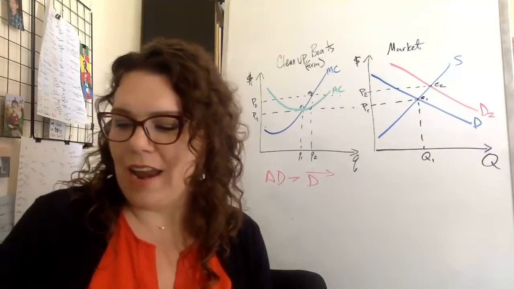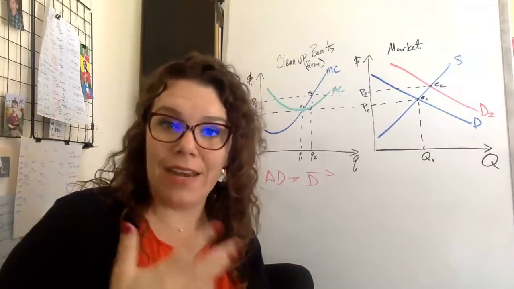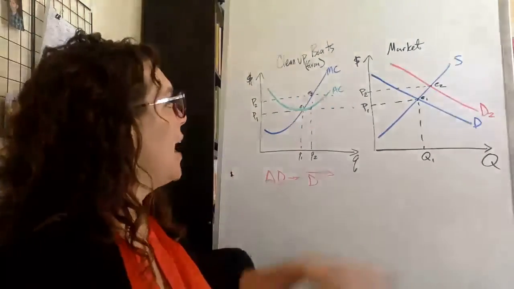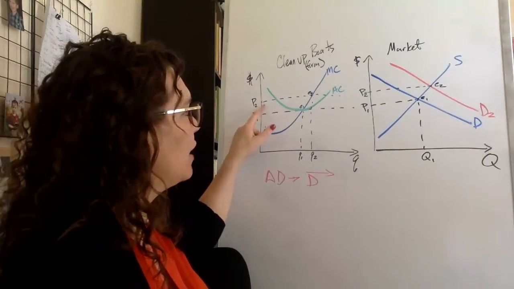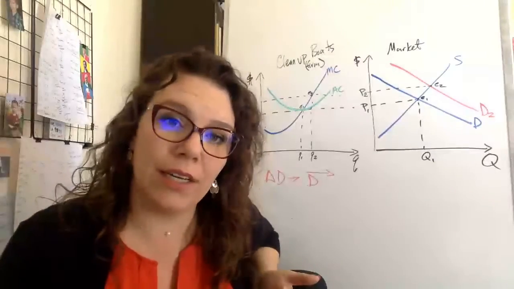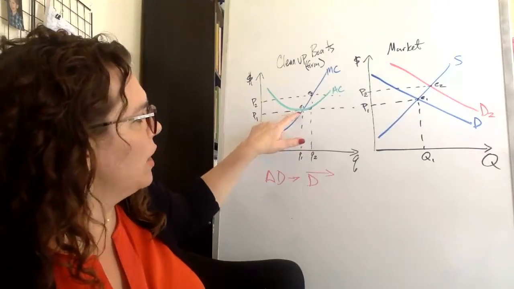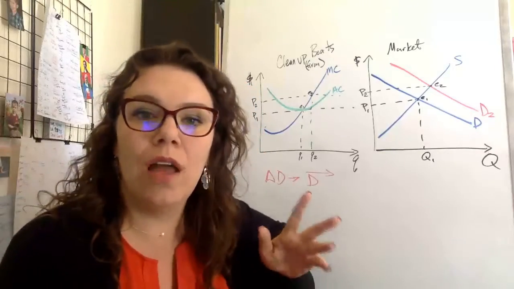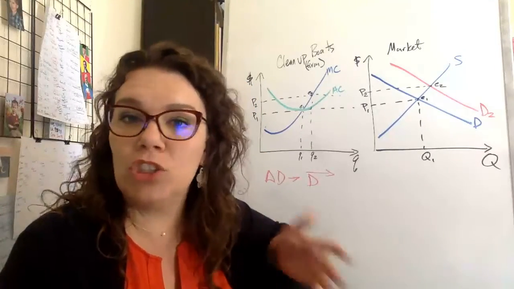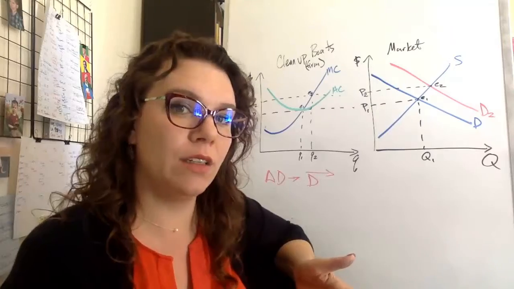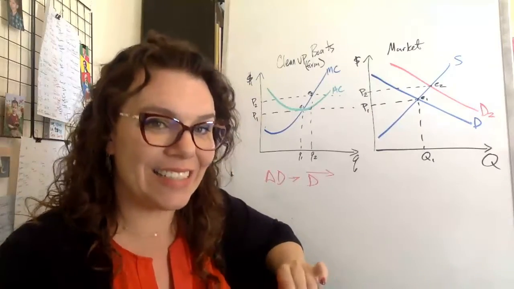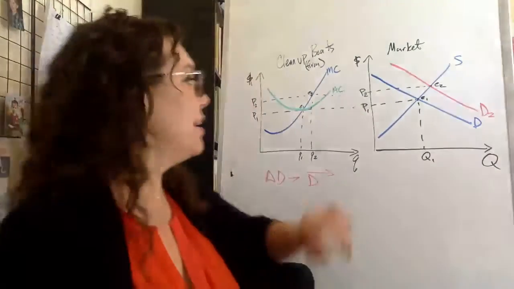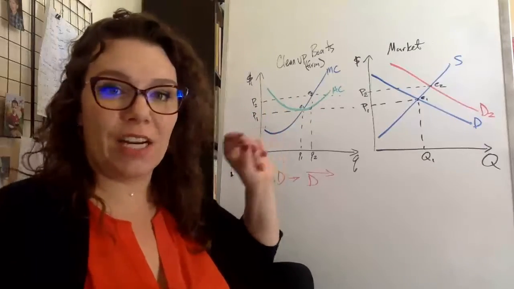So now we want to think about what would happen next. Now that we have this higher price, what's happening in the market? If we were in long run equilibrium before, where price was equal to marginal cost was equal to the average cost, there was no incentive for firm entry. Now there is an incentive for firm entry, right? Now firms are earning economic profits.